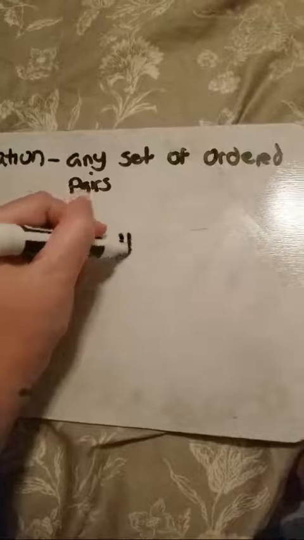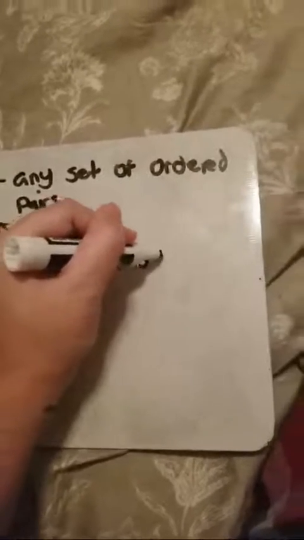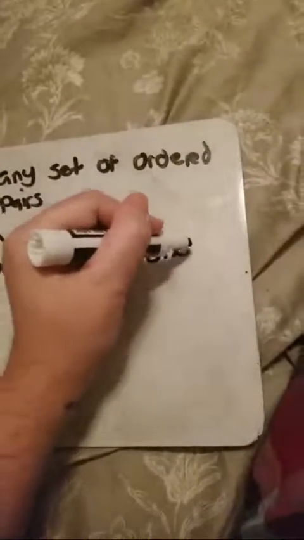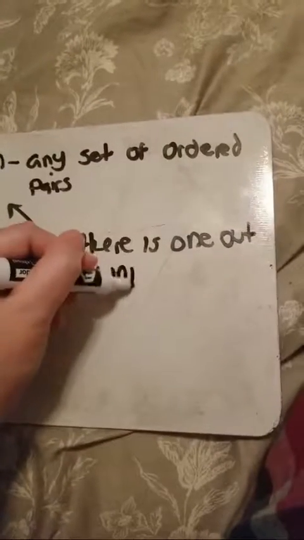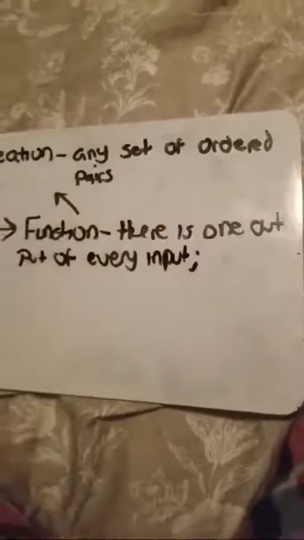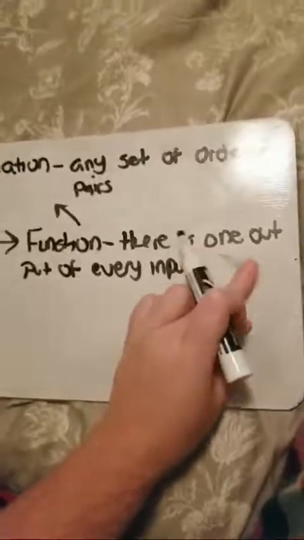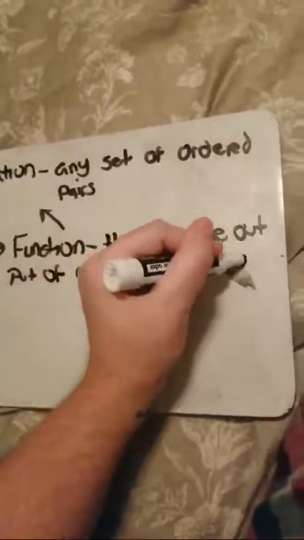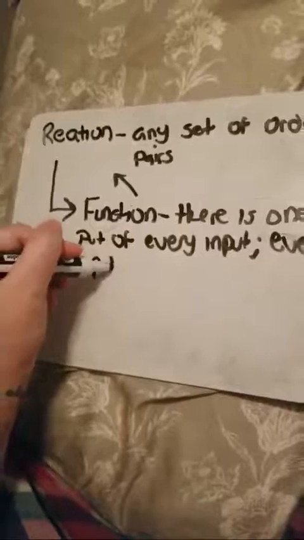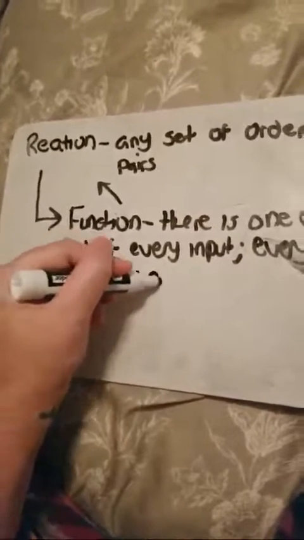A function is a type of relation in which there is one output for every input. Or, saying the exact same thing in a different way, every input has exactly one output.